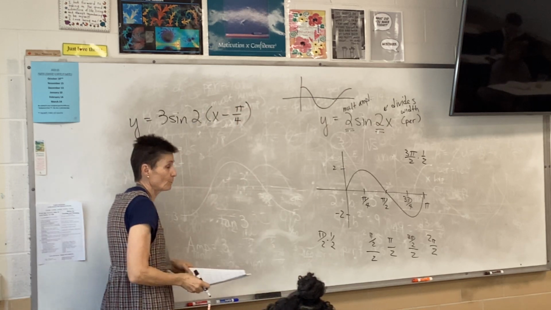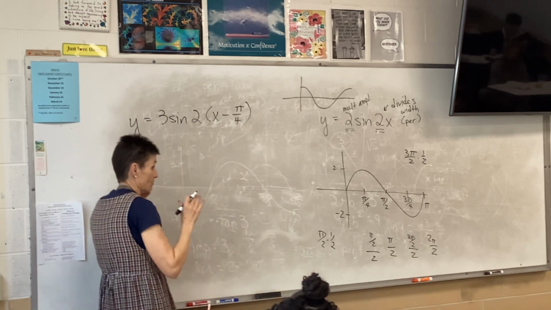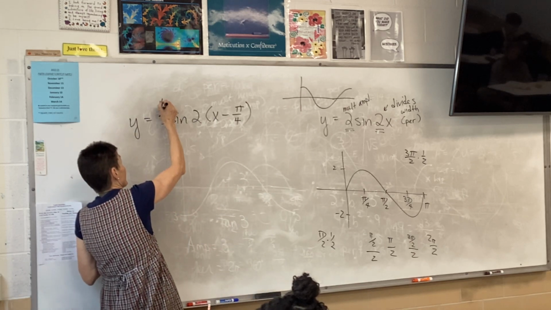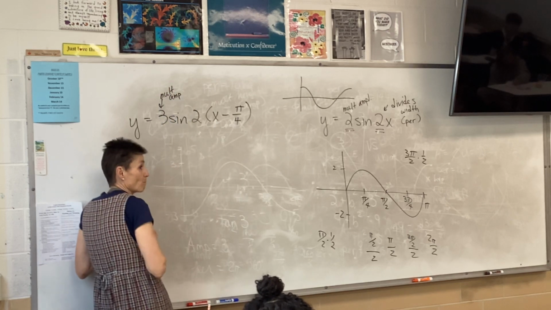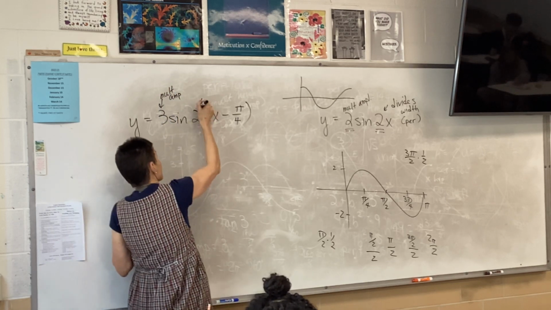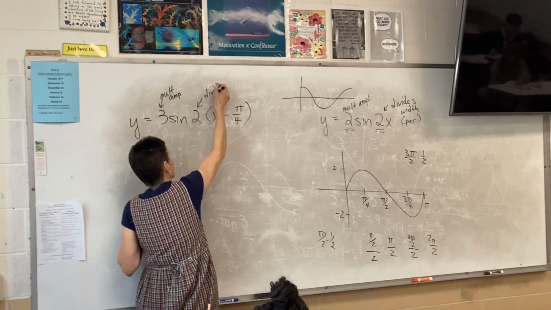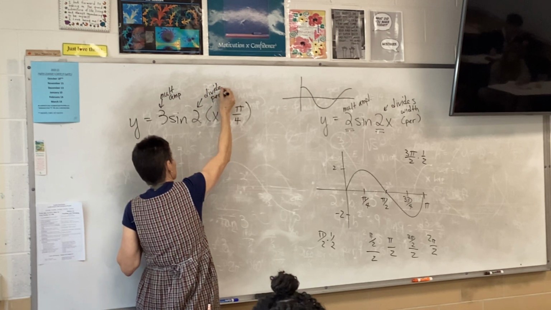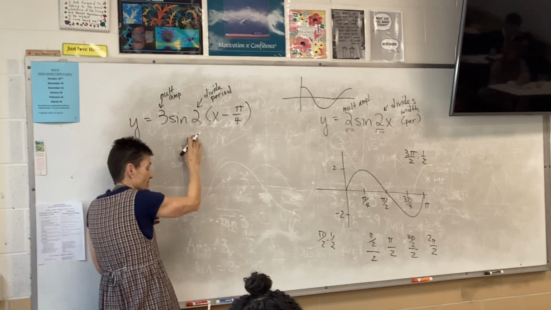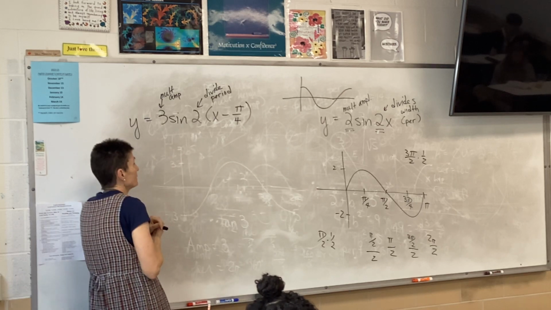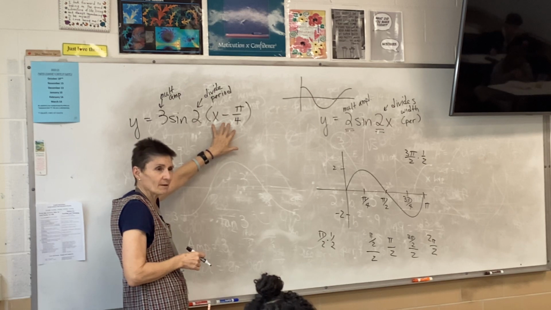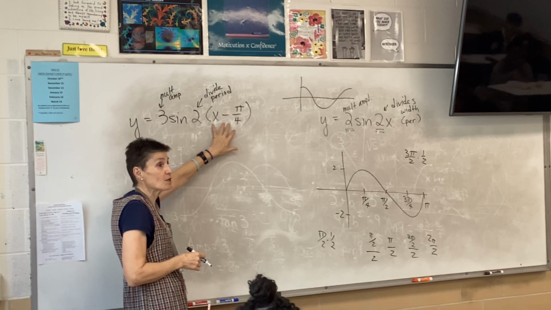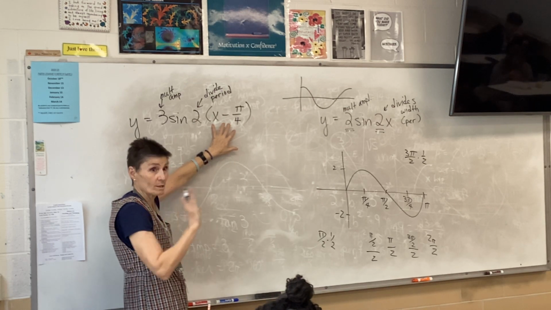Who remembers, well, first of all, what do we know? We know this is going to multiply the amplitude. We know this is going to divide the period. Those are the rules. We just got to memorize them. Just same as they were back in chapter 1. What about that? What does that do? Shifts it. Horizontal shift.